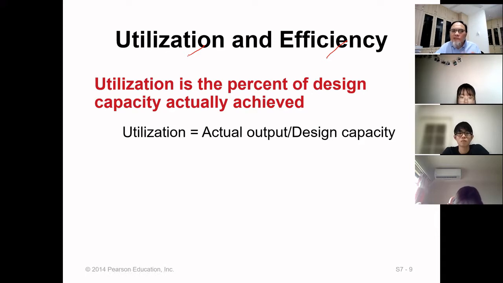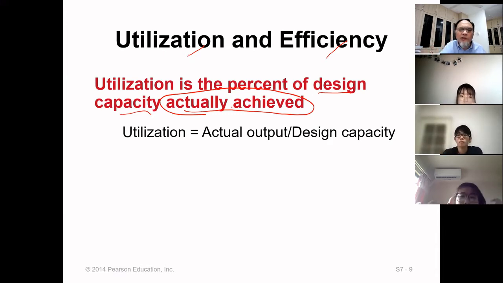So utilization is the percent of design capacity actually achieved, what you actually obtain. It's the real one. There are two different things. One is utilization, given by a formula: actual output divided by design capacity.